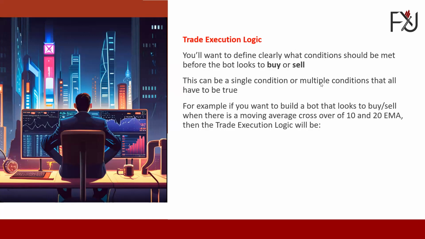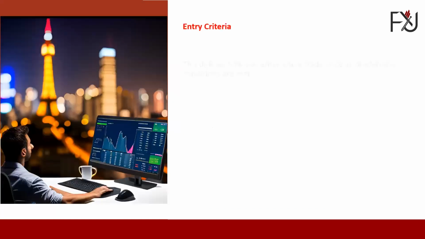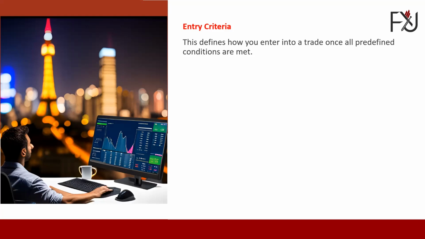Now, the next point is, how do we enter the trade, right? Entry criteria defines exactly how you enter the trade once all the predefined conditions are met. Just because we're using moving averages doesn't mean that's all you can use; you can say, if the moving average crosses over, if the RSI has gotten to this point, if the stochastic has gotten to this point, execute a trade.